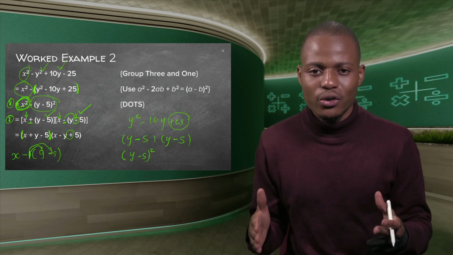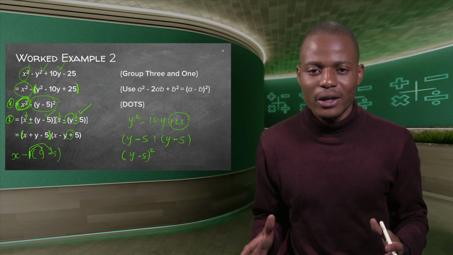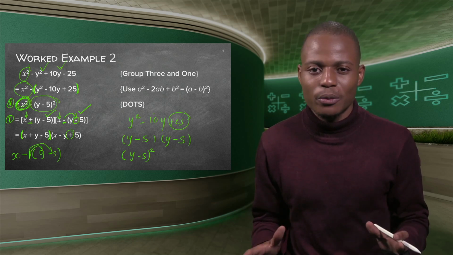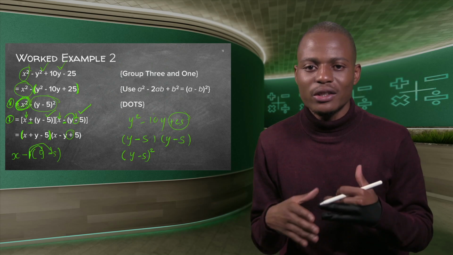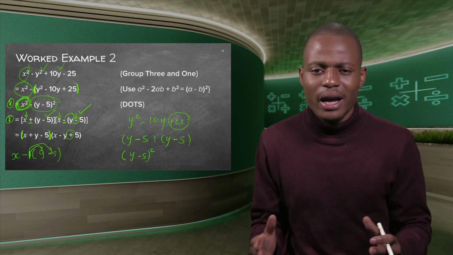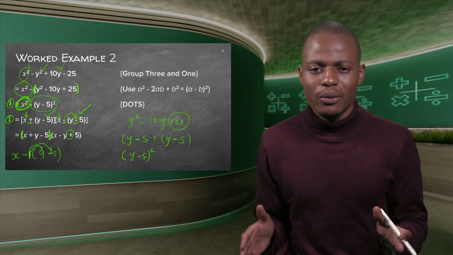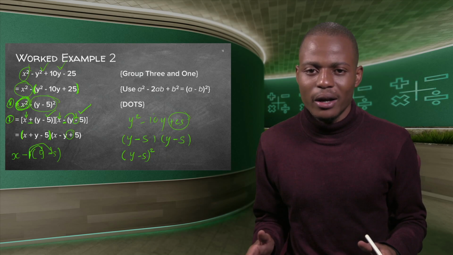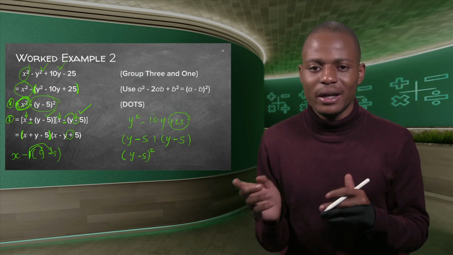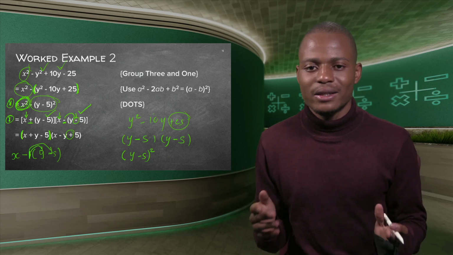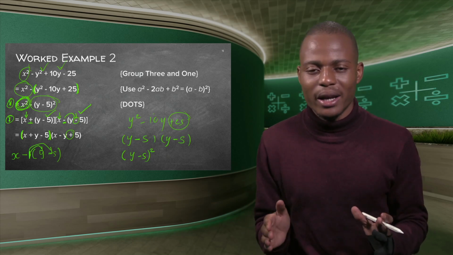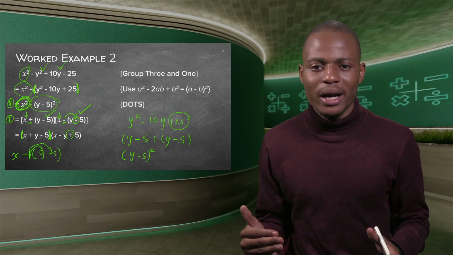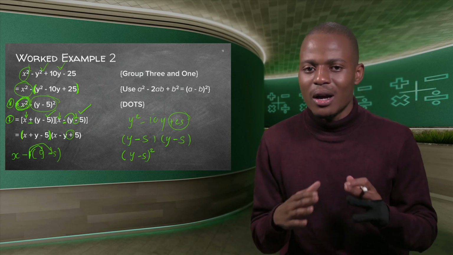You need to see what's going on, analyze your problem, calm down, and see if you can just use the grouping in pairs method, and if it doesn't work, group using the 3 and 1 method. So you can always start with the first 3, or you can work with the last 3. Any 3 and 1, it always works. You go back to your difference of 2 squares method and you are done.